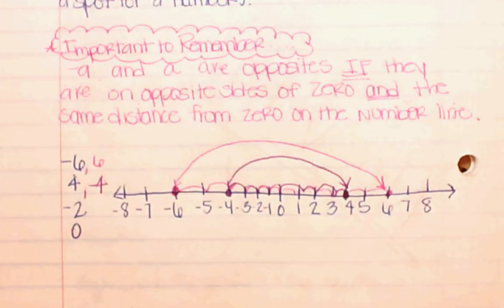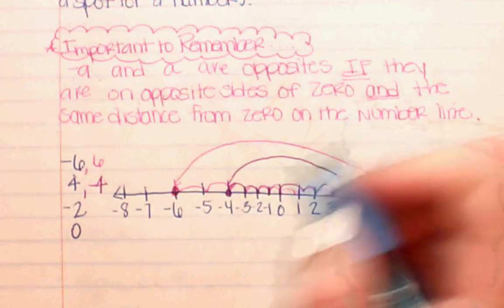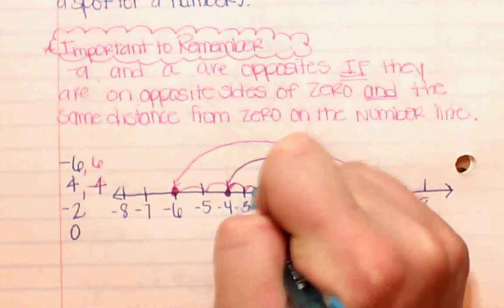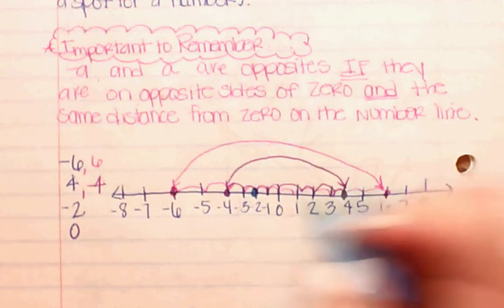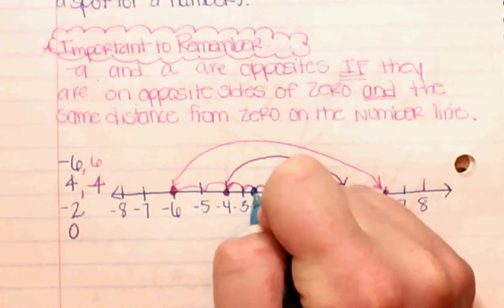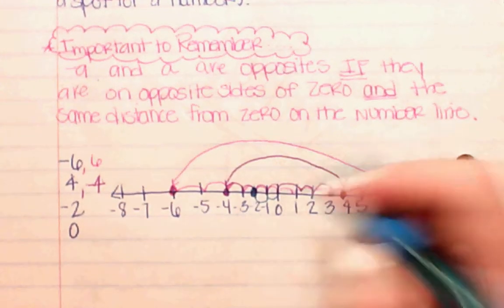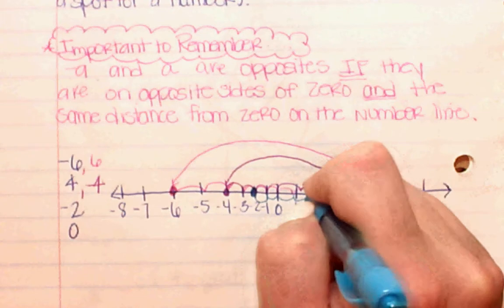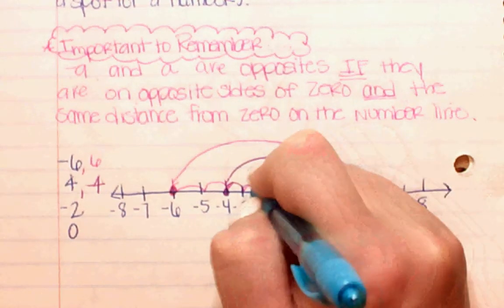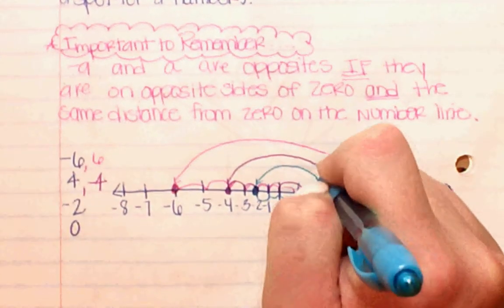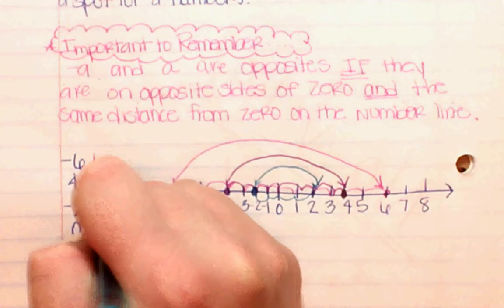And then I have -2, sorry. Count how many jumps from 0: 1, 2 from the left, so I'm going to go 2 to the right: 1, 2, and there's our opposites there, -2 and +2.